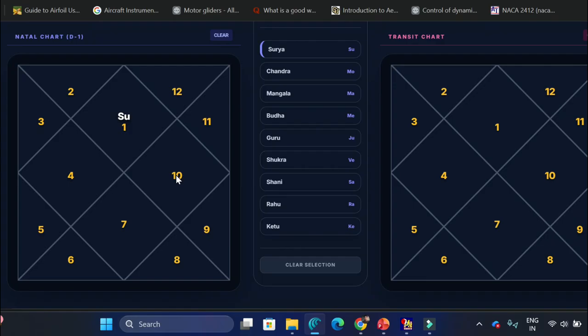Let's say someone comes to you, this happens a lot, to test the knowledge of an astrologer, people will come to you with fake charts. If someone has just made a chart by hand and gives it to you, you should be able to tell that this is a fake chart.